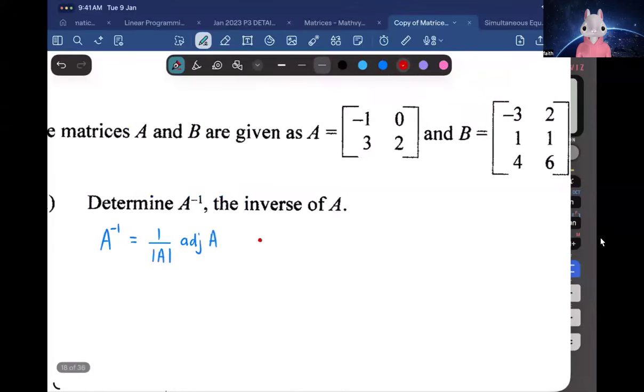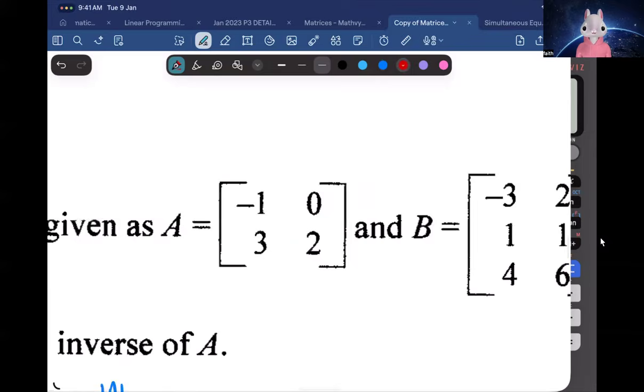Right. So now you need to find the determinant. The determinant of A would be what? A, B, C and D. A times C and B times... Okay, now I feel I'm saying the letters in the wrong order.